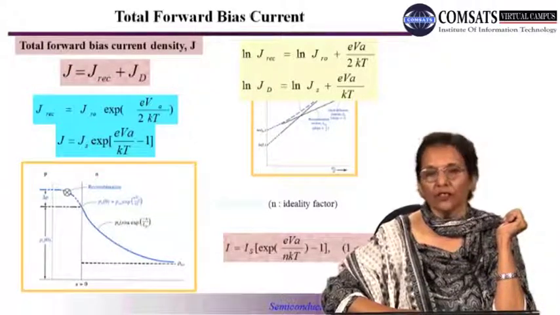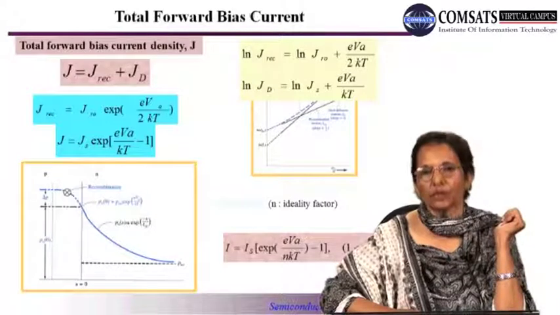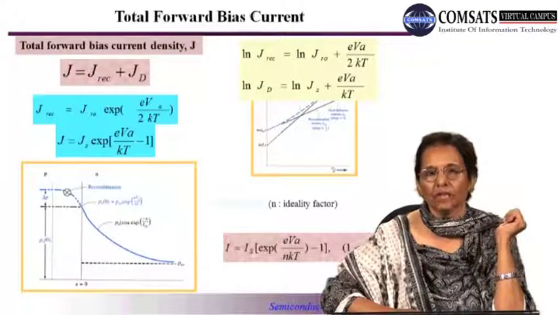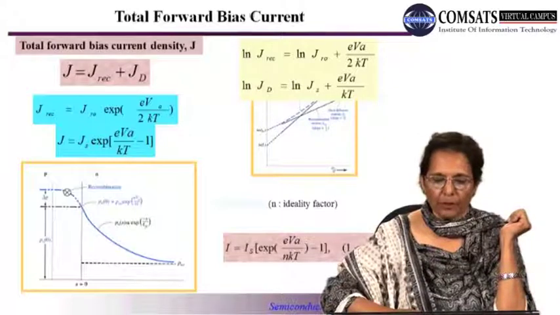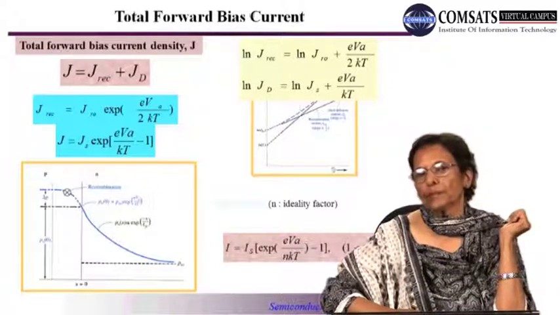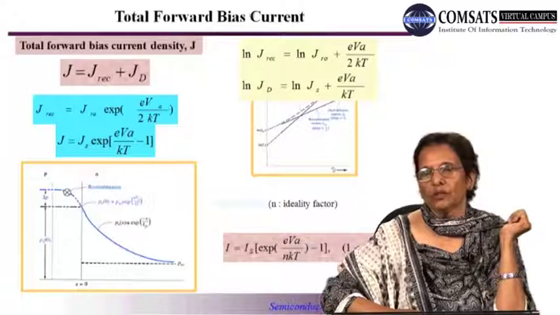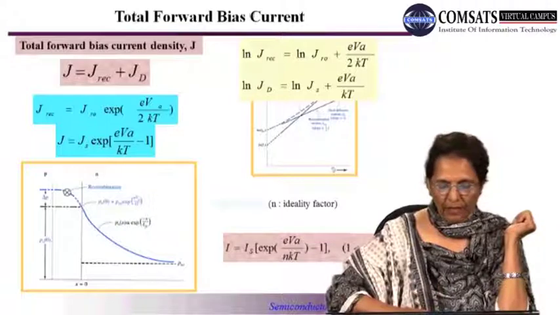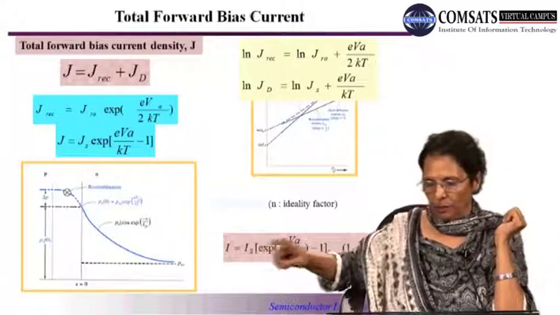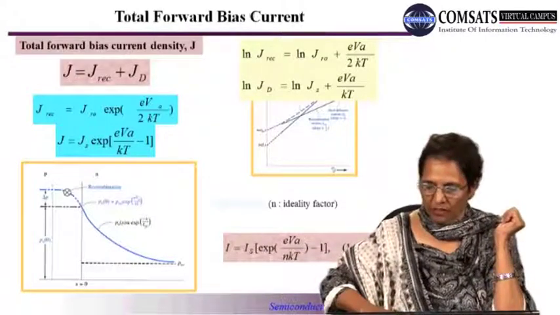And again this would be an exponential, the current would rise exponentially depending upon the temperature T in the denominator and depending upon the applied voltage VA in the numerator. और उसकी वही again exponential decrease आपको white box में नज़र आ रहा है.